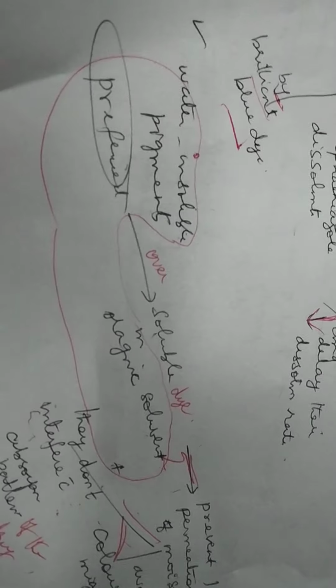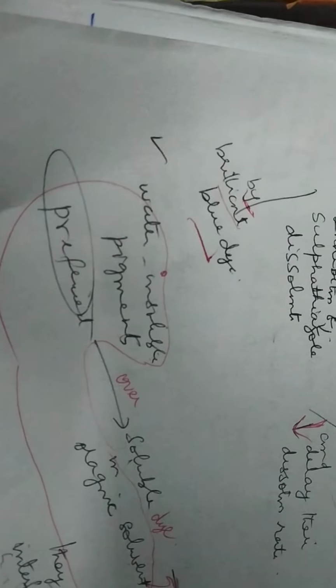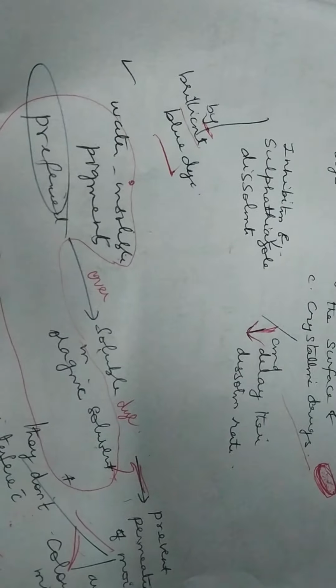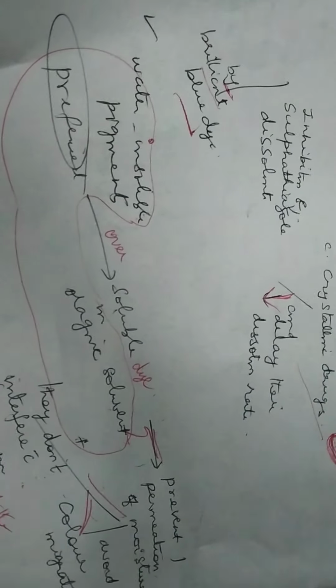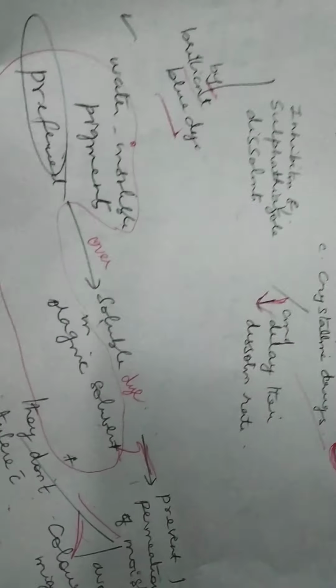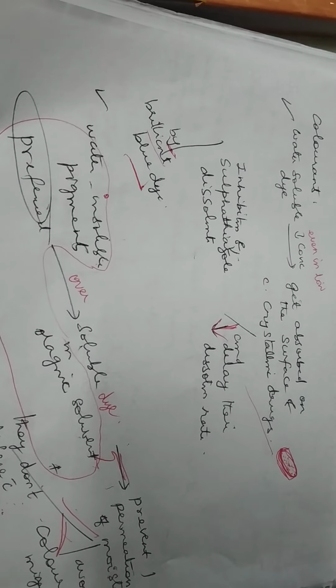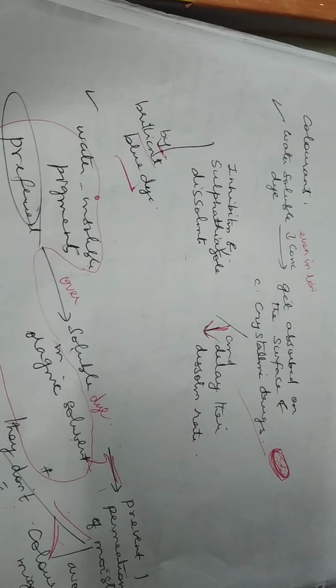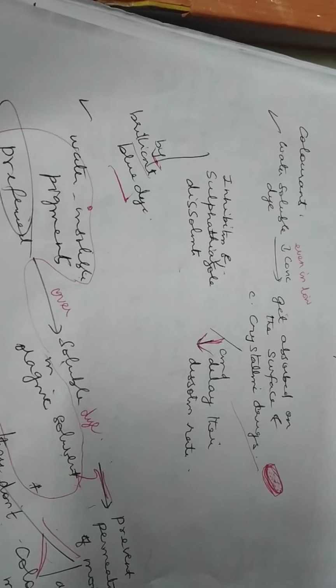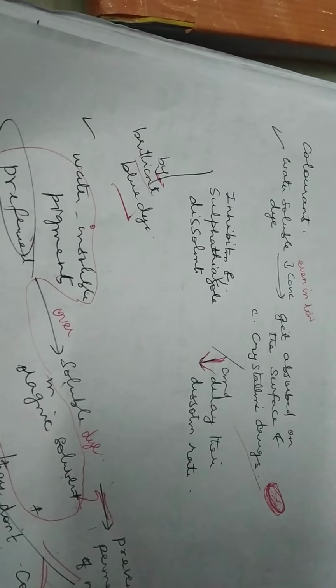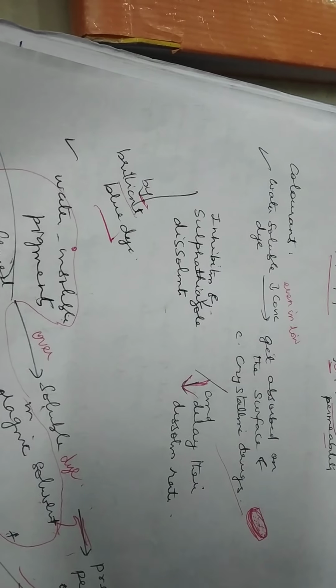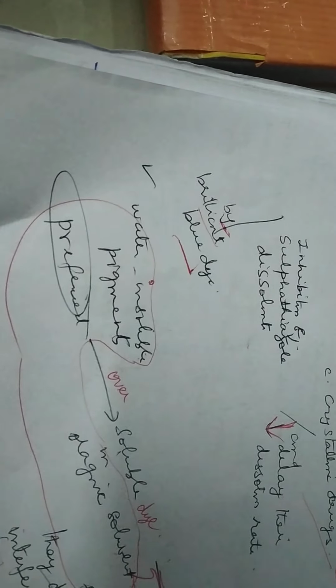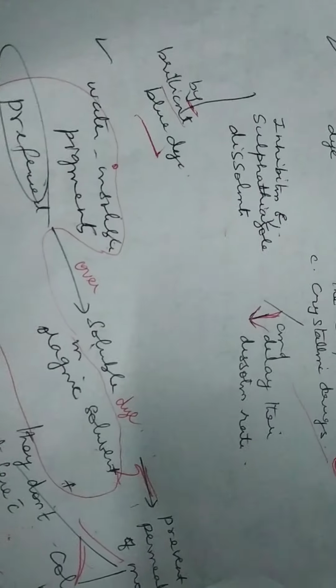So the pigments are always preferable over the soluble dyes, because they don't let the moisture come inside, and they prevent the color migration.